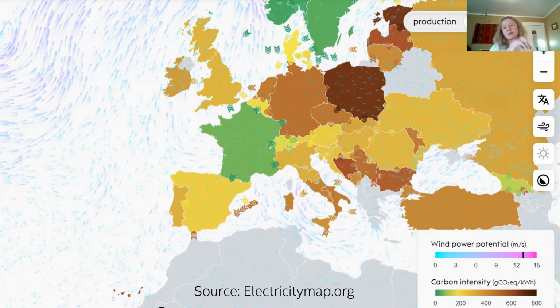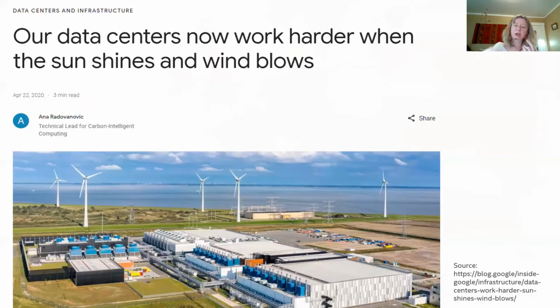Immediately you can see why they are known for producing massive amounts of wind, because they're at that point in the jet stream. They also do a lot of marine wave capture, which doesn't show up on this, but can also get interesting quickly. So you've got this intermittency, and that's a real problem for the grid. It is less of a problem for computing, as it turns out.